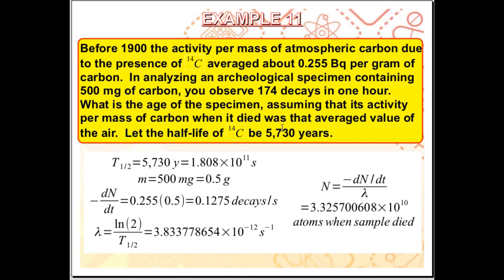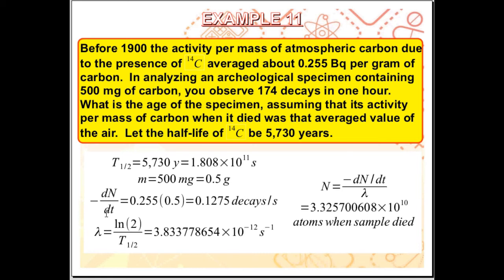For the average value of the activity given before 1900, the average value of the activity is 0.255 becquerel per gram. We have 500 milligrams or 0.5 grams of carbon.